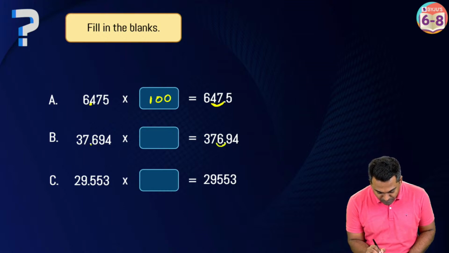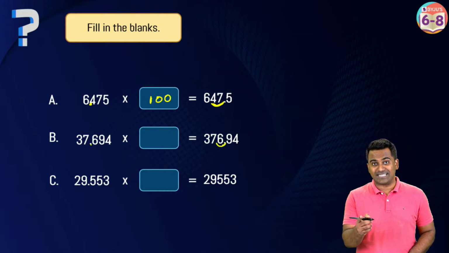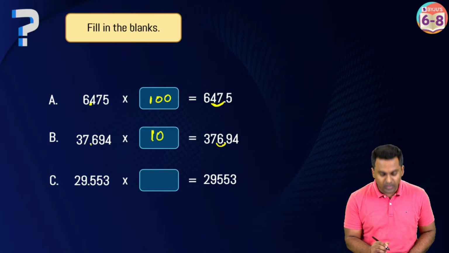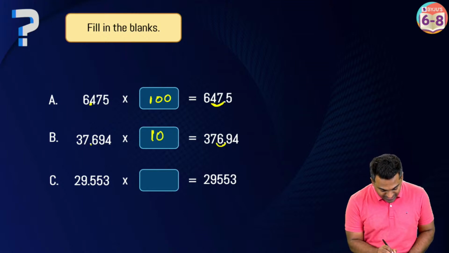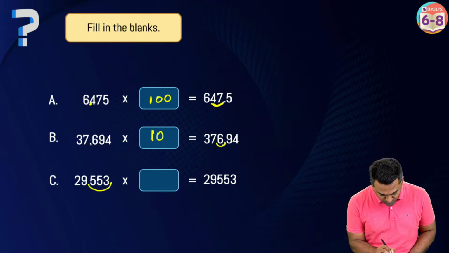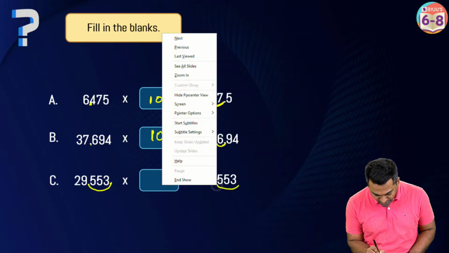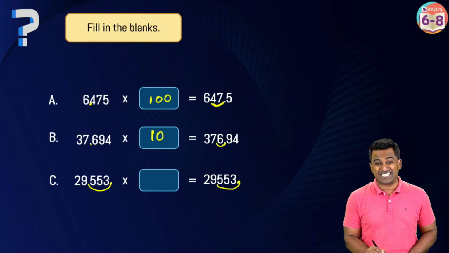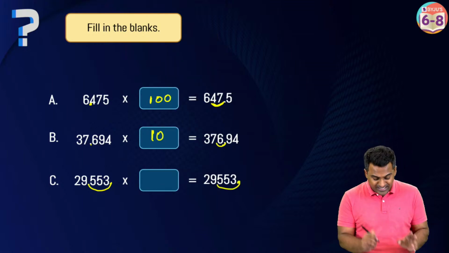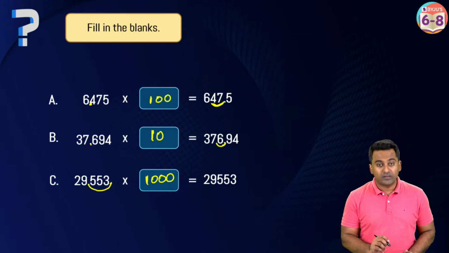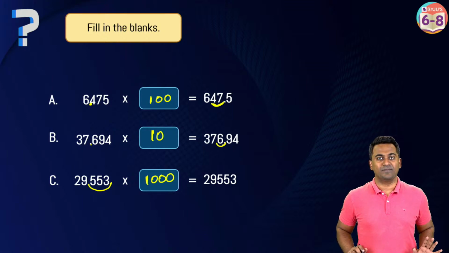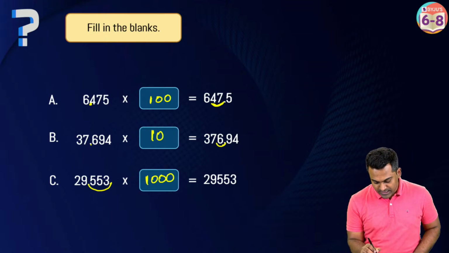How many places has it moved to the right? 1 time. So I will put 10. And now the decimal point has moved from 29.2 all the way up till here. So it has moved to the right 3 times. So I'm going to put 3 zeros. That's it.